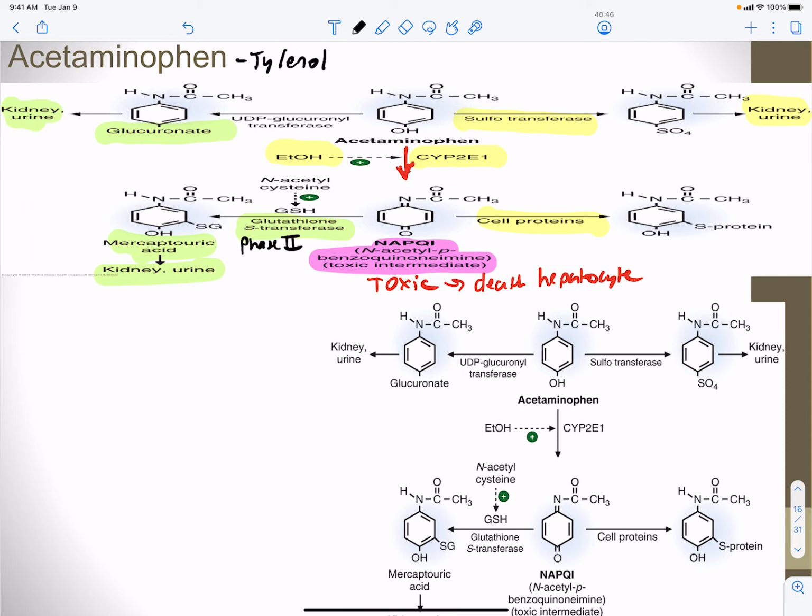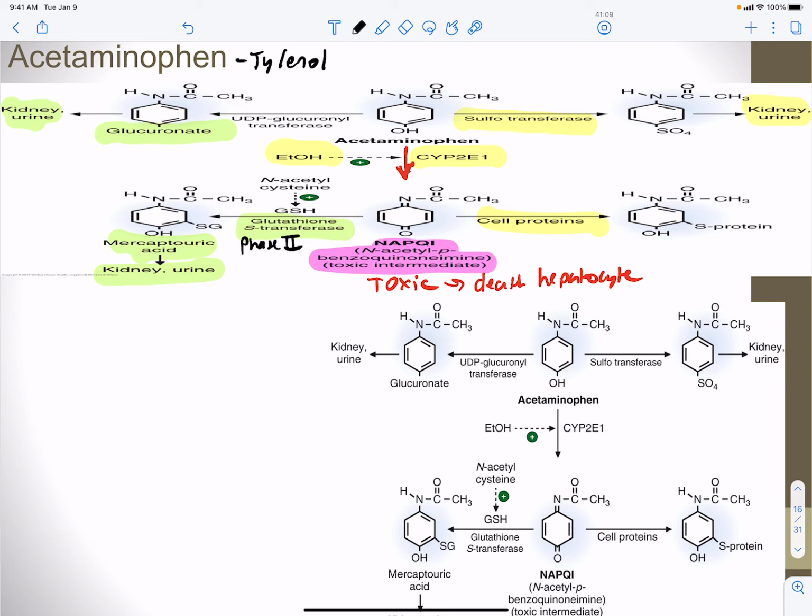But when you have chronic abuse of alcohol, you have an increased sensitivity to acetaminophen toxicity because you have an increase of CYP2E1, since you're making more of it to deal with alcohol. Then it pushes more towards NAPQI, and that overrides your glutathione.